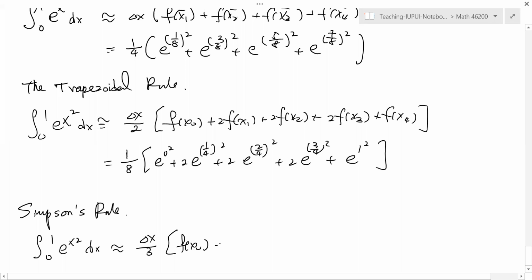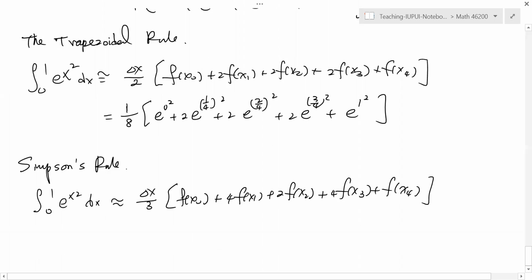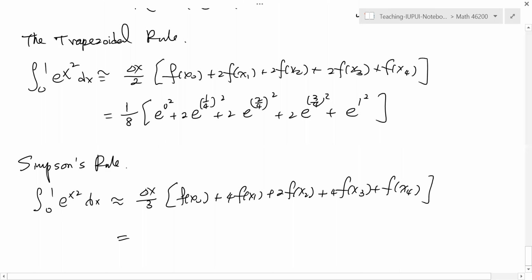So the first one is f of x0, then 4 times f of x1, twice f of x2, and 4 times f of x3, and that's it. So delta x is 1 over 4, so it's 1 over 12. You write down all the numbers.